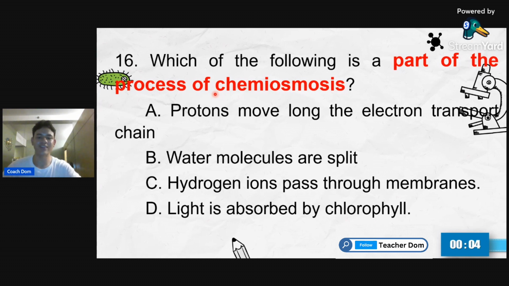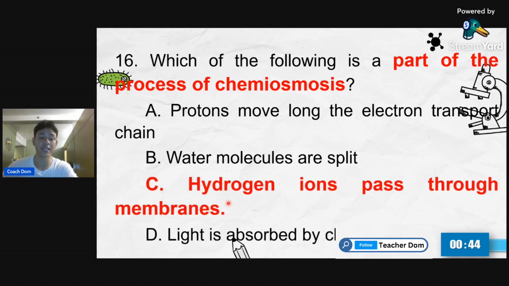Correct answer po natin dito for question number 16, that is letter C, hydrogen ions pass through membranes. Ito po yung process na related po sa tinatawag natin na osmosis. Ito yung diffusion ng water across a membrane.